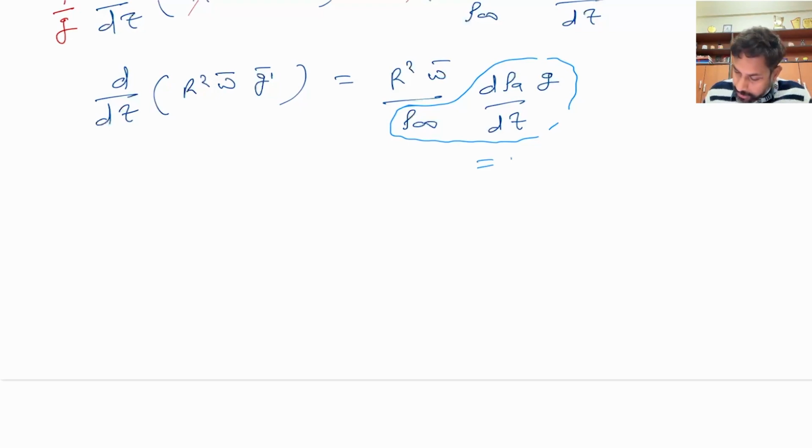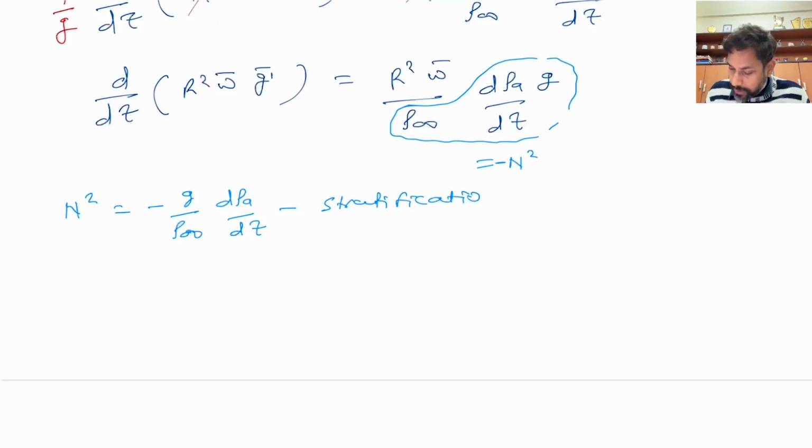So this is usually written as n square is equal to minus g by rho infinity d rho a by dz, and is known as the stratification frequency. And this is a term which is usually used by people working in stratified medium. When the ambient density is changing in space, this is how you tell how stratified the medium is, or in what pattern the stratification is occurring.